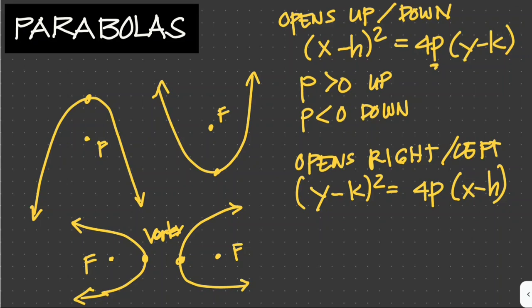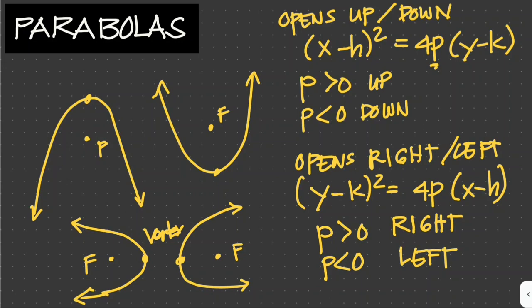You just have to familiarize yourself with all of these formulas. So if p is greater than 0, then the parabola opens to the right. If p is less than 0, then it opens to the left. And now let's discuss the other formulas for the parabolas.